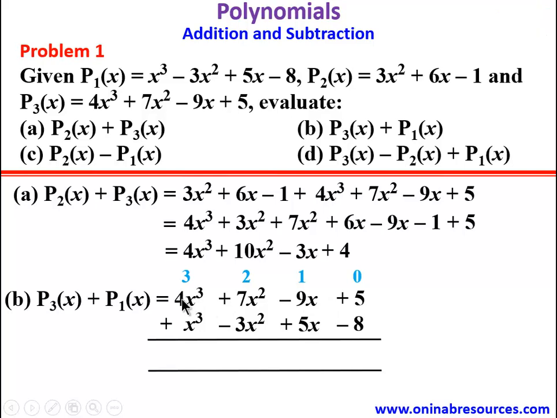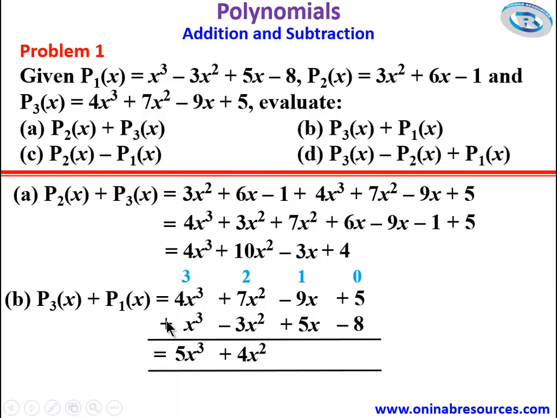So starting from here, 6x cubed plus x cubed gives 7x cubed, 7x squared plus negative 3x squared. So positive times negative gives negative. It is as good as saying 7x squared minus 3x squared, which will give 4x squared.